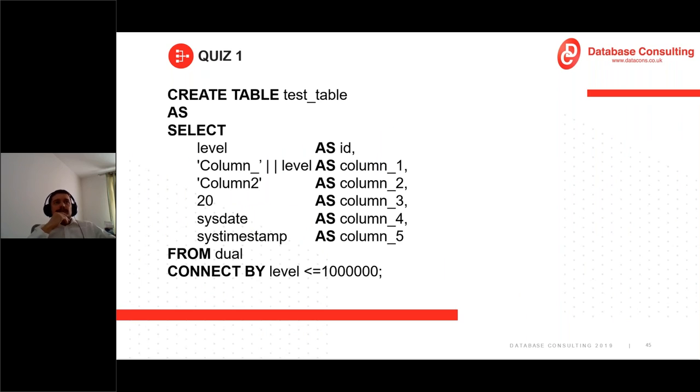Okay, so let's do a quiz. Let's assume that we are creating a table with a million rows with create table as select. So we've got a number column ID and some varchar columns, a date and a systimestamp column.